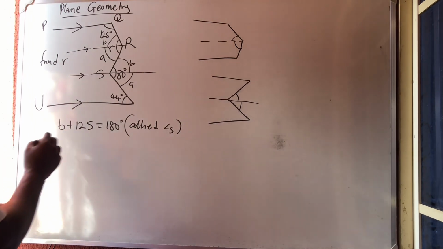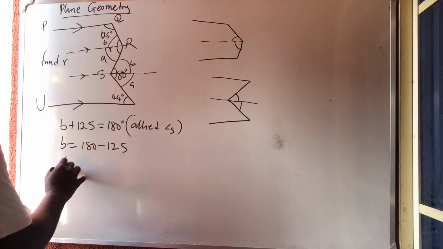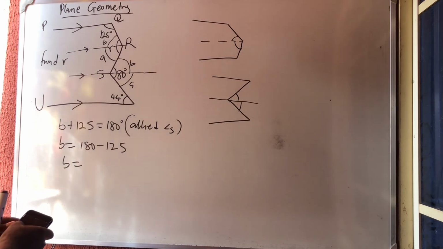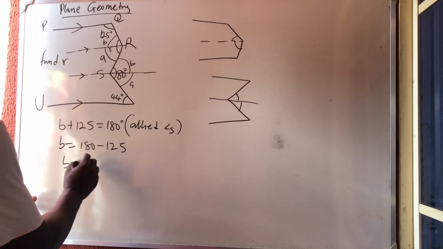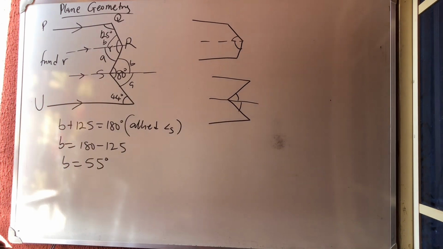Therefore my B is equal to 180 minus 125, so we have 55 degrees. That is for my B.